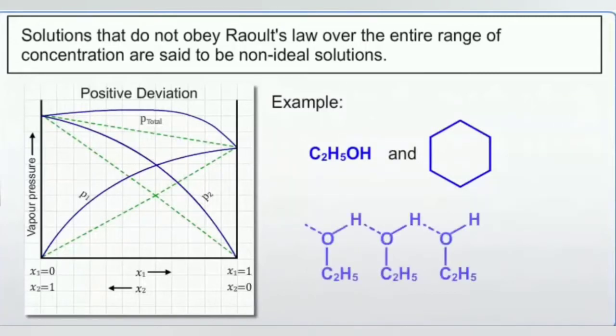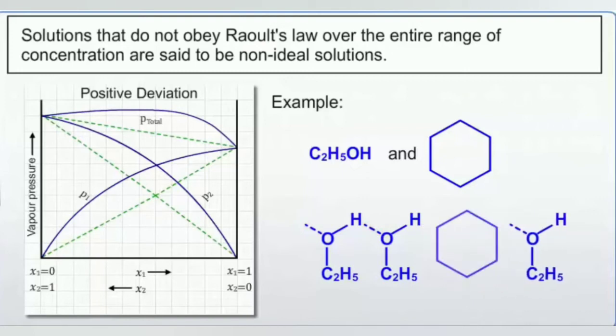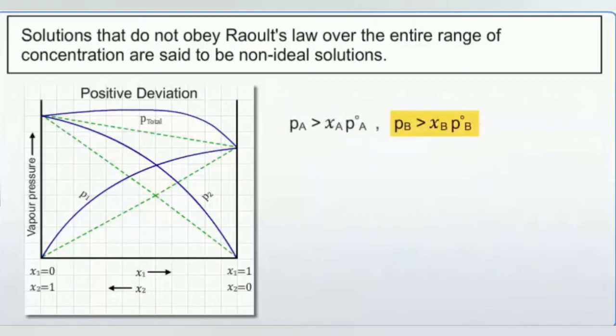Ethanol exists in highly associated form due to hydrogen bonding. On addition of cyclohexane, its molecules get in between and there is a considerable reduction in ethanol-ethanol hydrogen bonding. As a result, it becomes easier for the ethanol molecules to escape into the vapor phase and thus we see the positive deviations from Raoult's law.